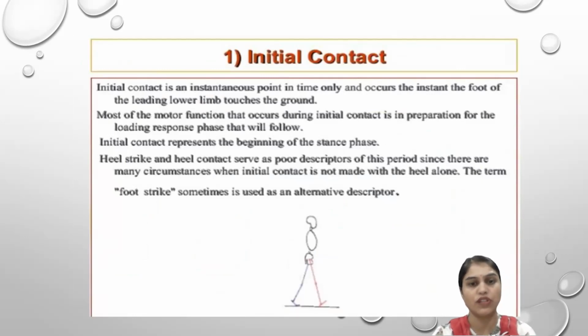Most of the motor function that occurs during initial contact is in preparation for the loading response phase that will follow. Initial contact represents the beginning of the stance phase. Heel strike and heel contact serve as poor descriptors of this period, since there are many circumstances when initial contact is not met with the heel alone. The term foot strike is sometimes used as an alternative descriptor.